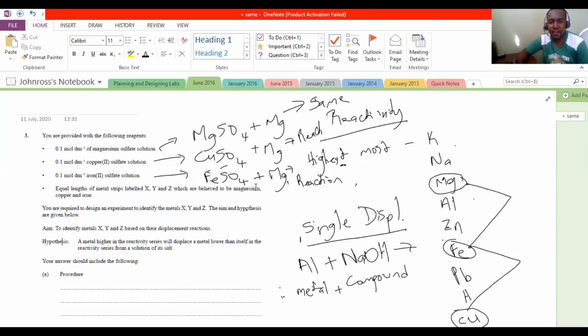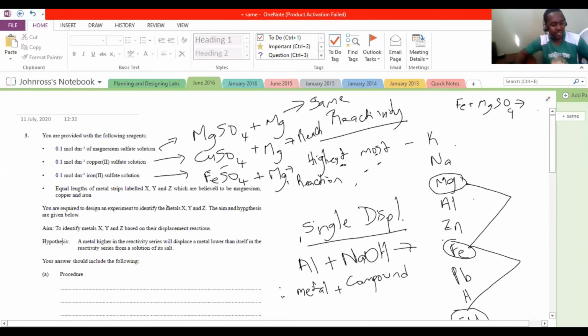if we use iron with these reactions. So if iron was to react with magnesium sulfate, would we have a reaction there? The magnesium would replace the iron. Would we have a reaction? No, right?